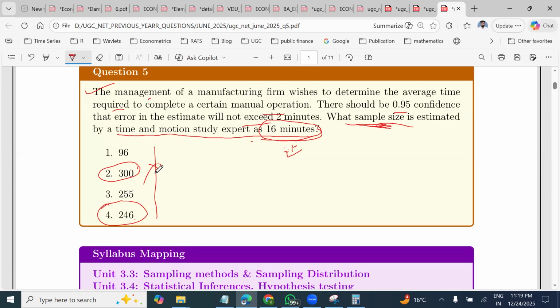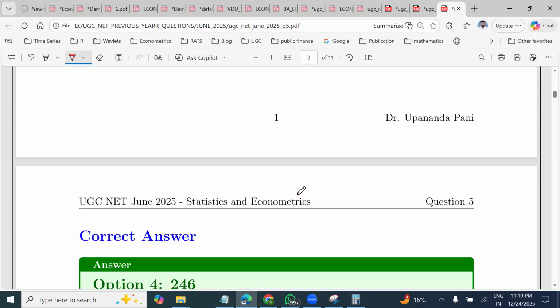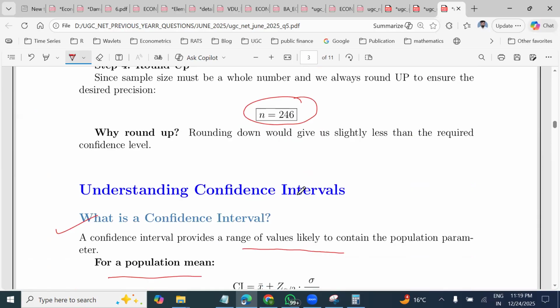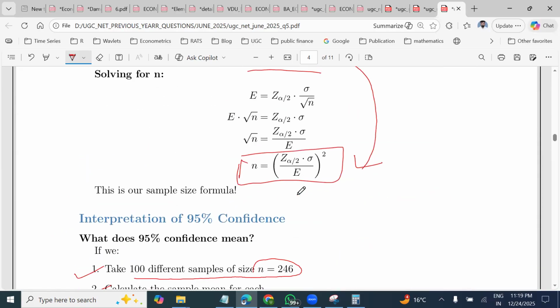You think about how big it is, because you will think of 0.95 confidence. But just put the 1.96 value quickly into the sample size formula. I think it is not that difficult, isn't it, Sangeeta, if we are able to read the question properly?